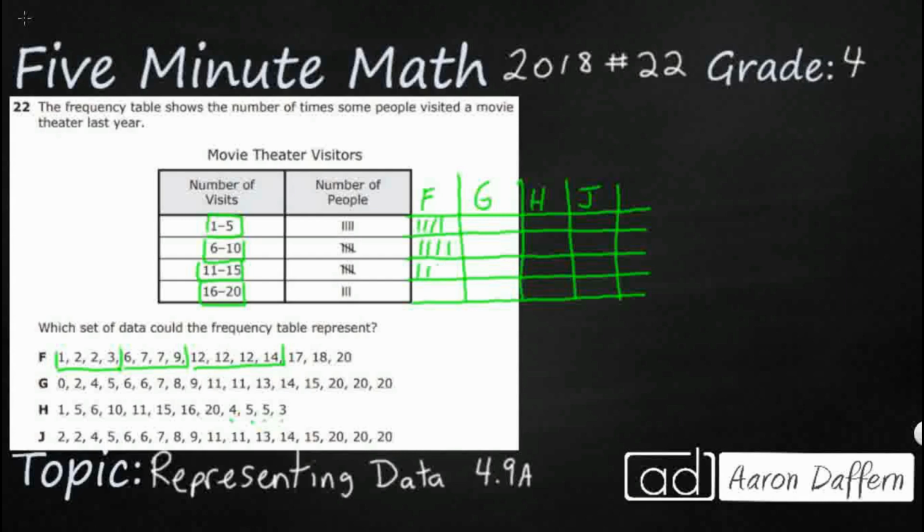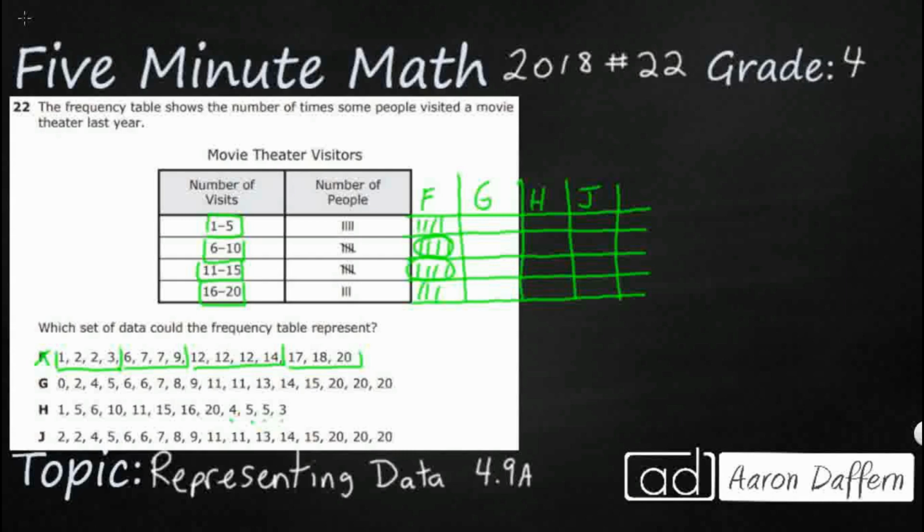Once again, F looks like it's missing 1. And then 16 through 20, I at least have 3. So these two are incorrect, so it's not going to be F, but that's how we're going to do it. So let's continue with G.